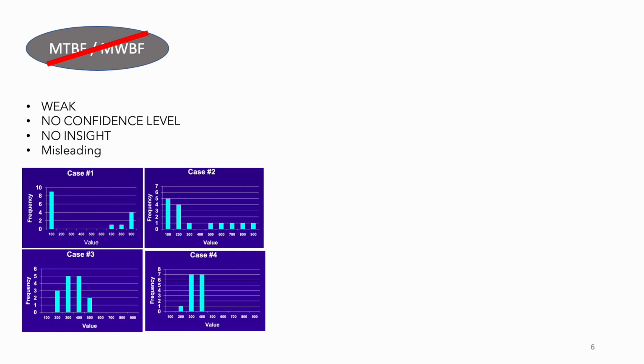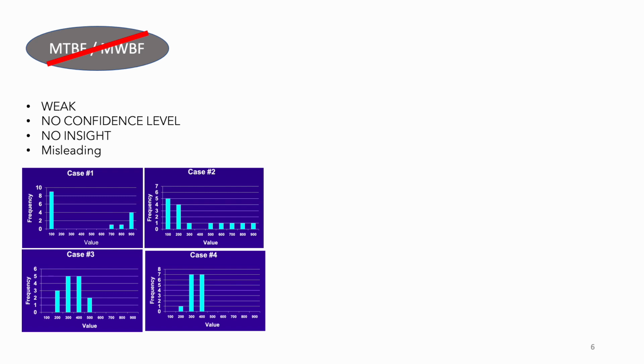When it comes to MTBF or MWBF, I really don't like that metric. Averages are weak. We don't have a confidence level. There's not much insight, and they can be misleading. In these four cases, let's say these four are all different tools, the same type of tool, and these are histograms or frequency distributions.